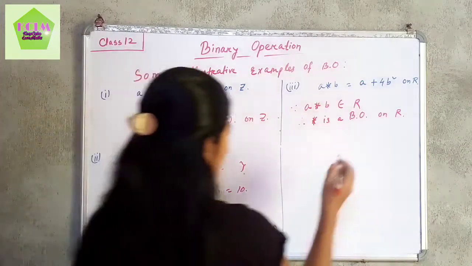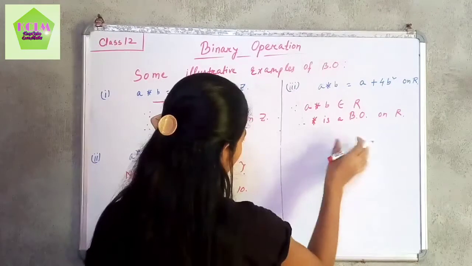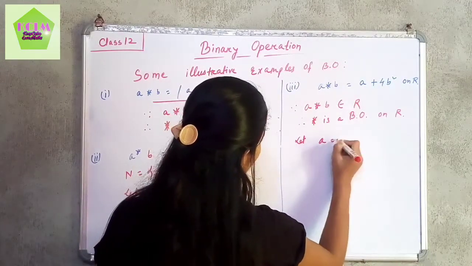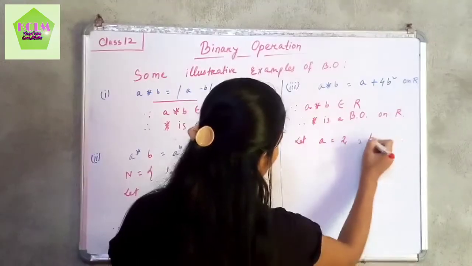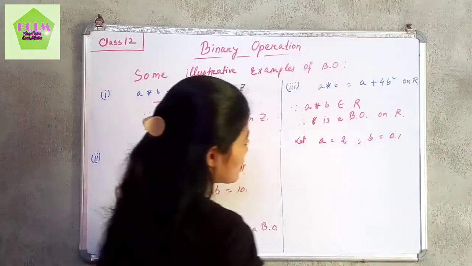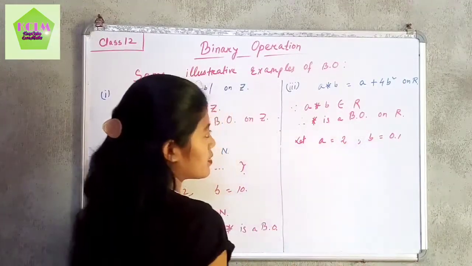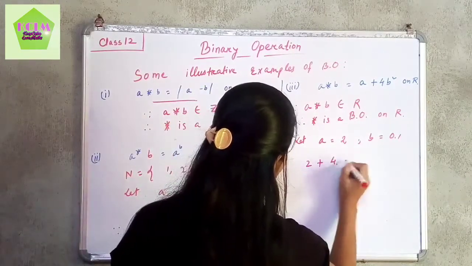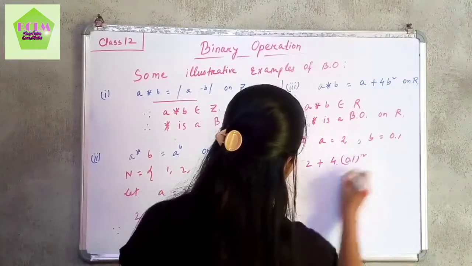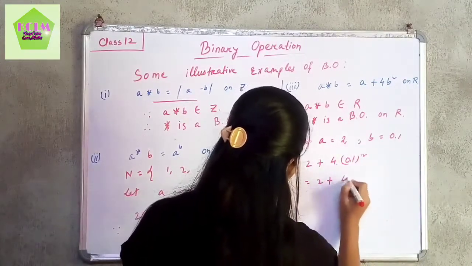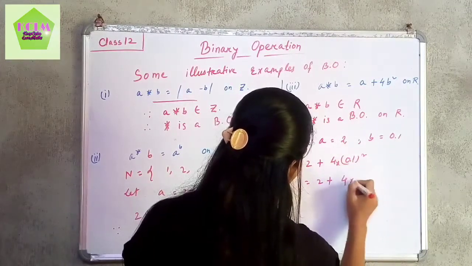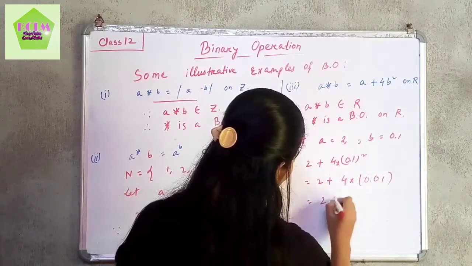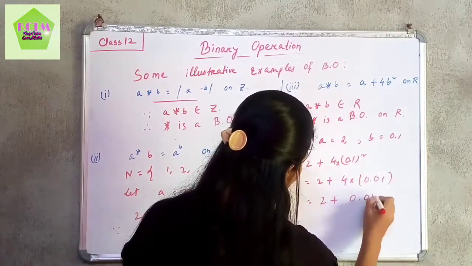So let us take an example. Let a equal 2 and b equal 0.1. So 2 and 0.1 are real numbers. Now 2 plus 4 into 0.1 square. 2 plus 4 into 0.01. 2 plus 0.04.